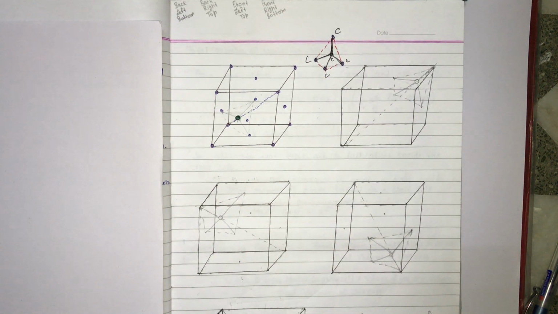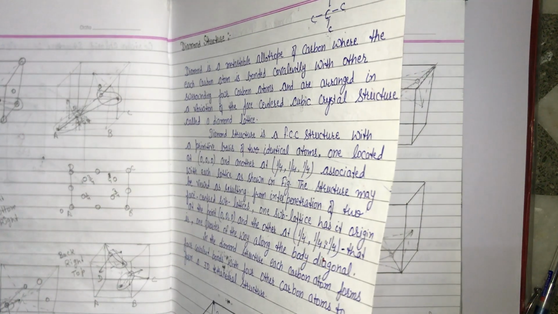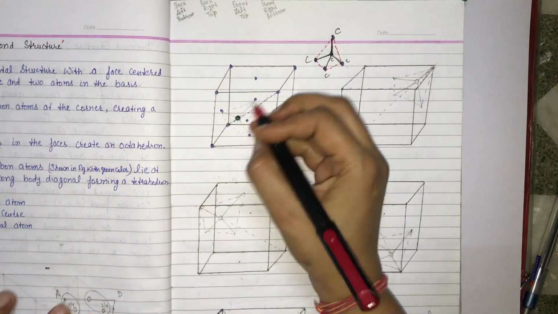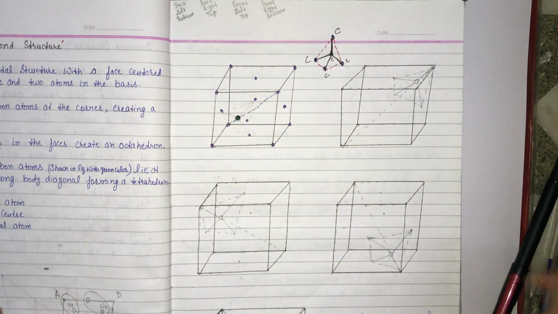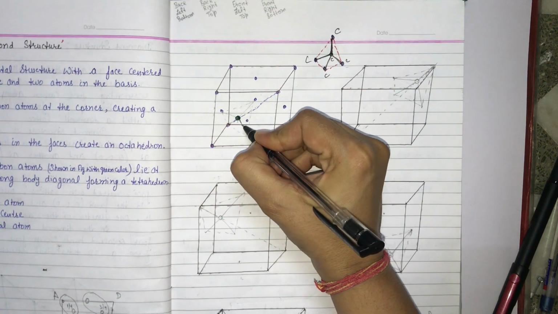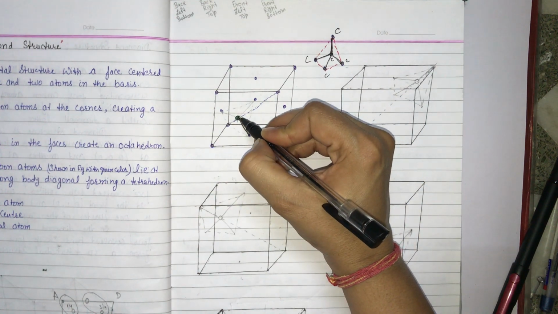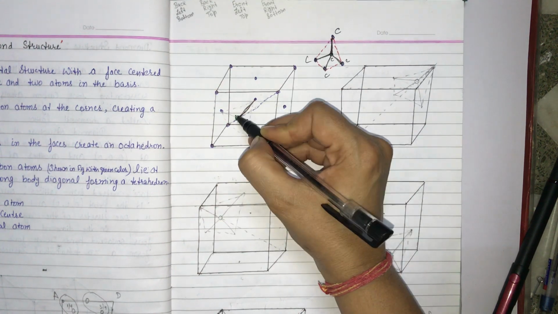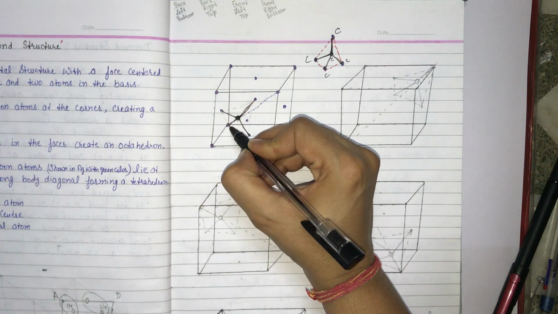Clear? Now make this tetrahedral position in this figure. So if this carbon atom is, this carbon atom will make covalent bond with the face center at the bottom position, and also make a covalent bond with the back face carbon atom and along the left face carbon atom and with this corner.